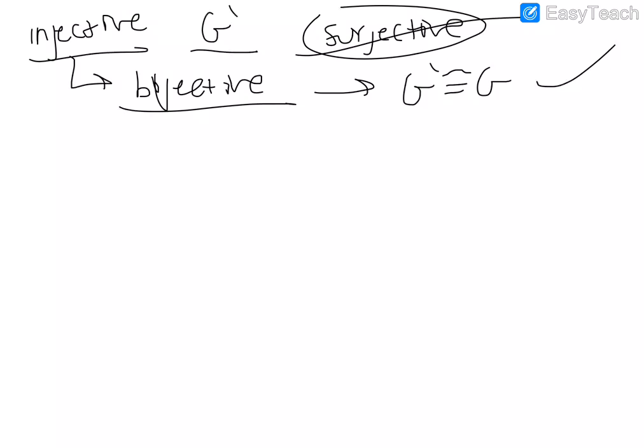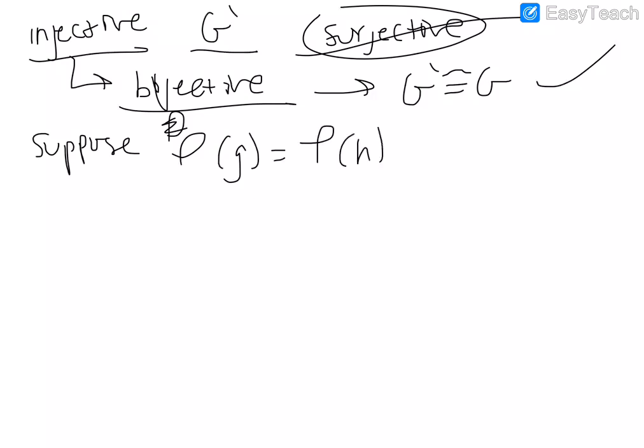So let's get started with the injective proof. So we're going to suppose, or assume, that phi of G is equal to phi of H. Because of our previous rules that we came up with, we're also going to define that T sub G is equal to T sub H, because we know that the phi and the T are equal.